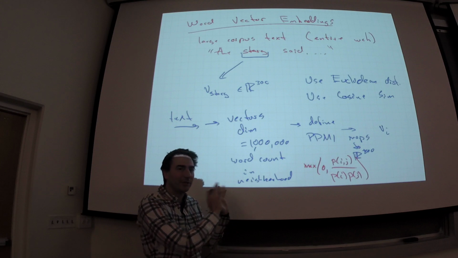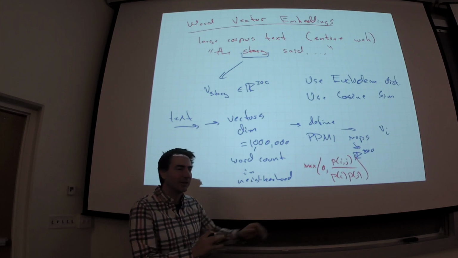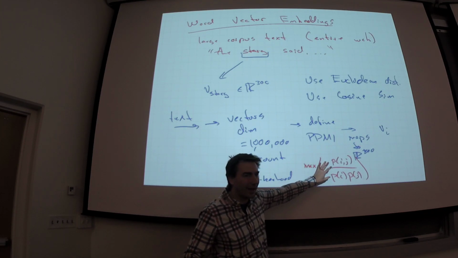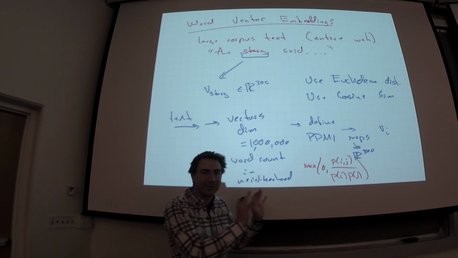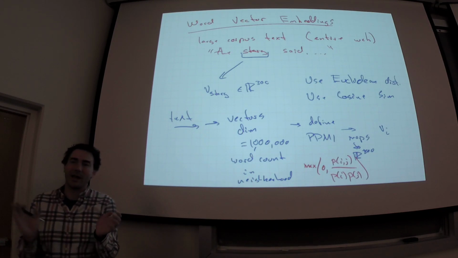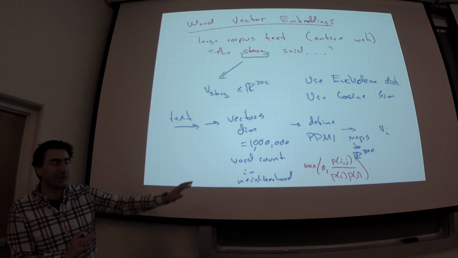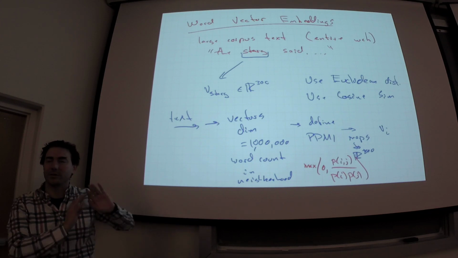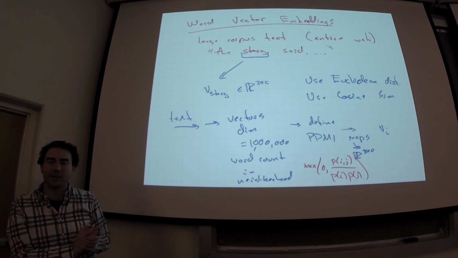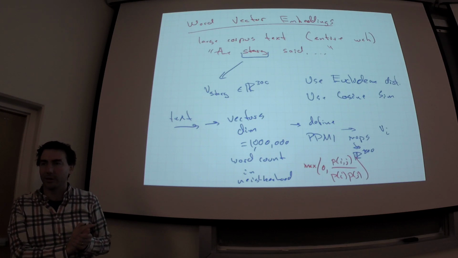So there's some rationale behind this. This is kind of the base of what it's doing. I'm not going to totally go through the details of why this is used. There are variants of it that use something else instead. This is not the only way to do it, but this is the most common way.